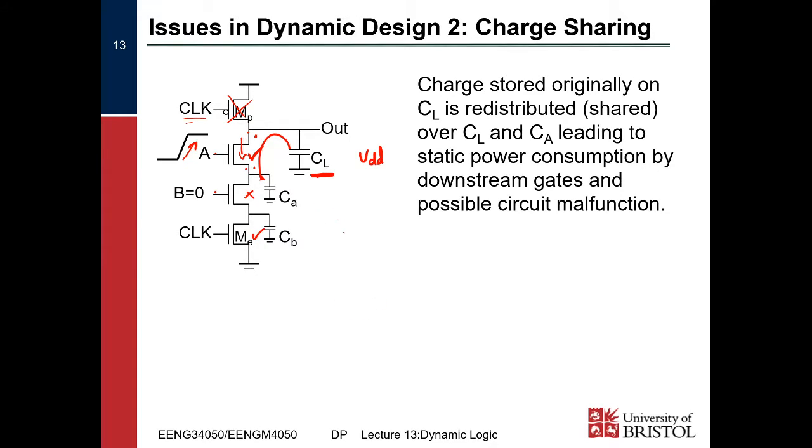So originally we would have had the charge here, QL, equals CL VDD. We charged up to VDD, so the voltage over the capacitor is VDD, and the capacitance is just this one capacitor, CL. So that was the charge before.